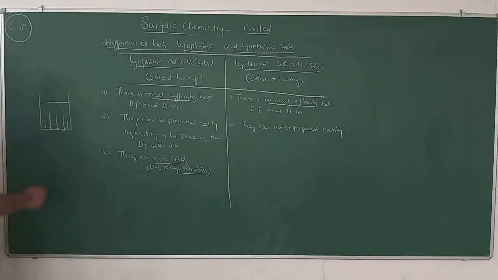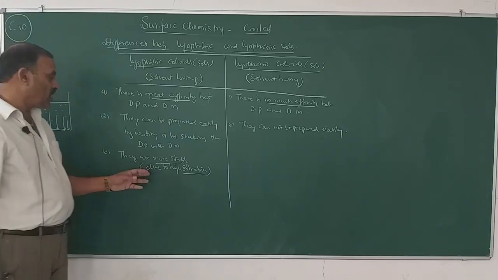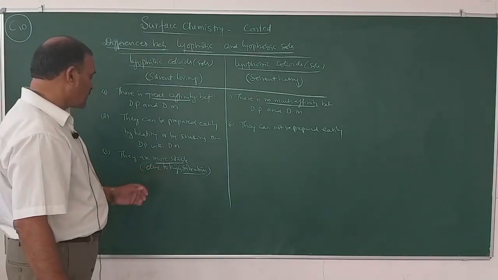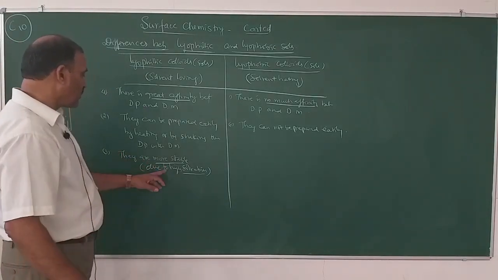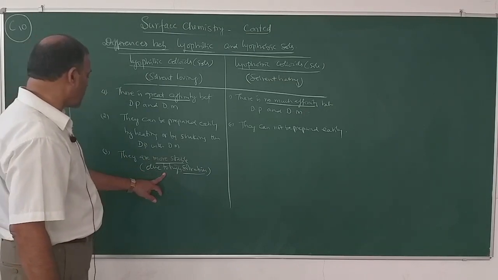What is the meaning of high solvation? The colloidal particles are surrounded by solvent particles. Due to the sheet of solvent particles around the colloidal particles, these particles cannot settle down. So the stability of colloidal particles is increased by the sheet of solvent particles around the solute particles.